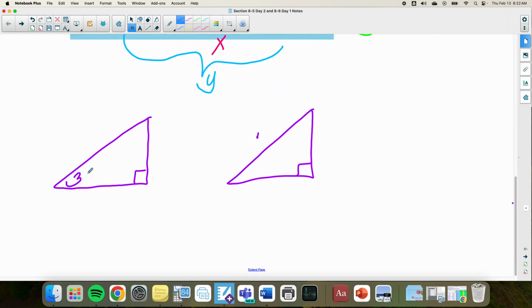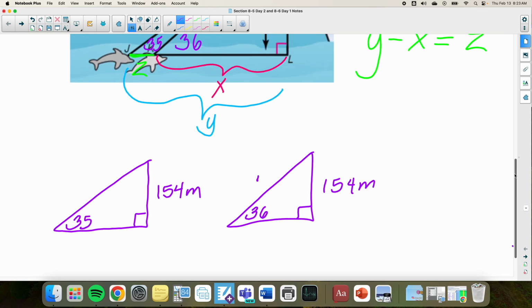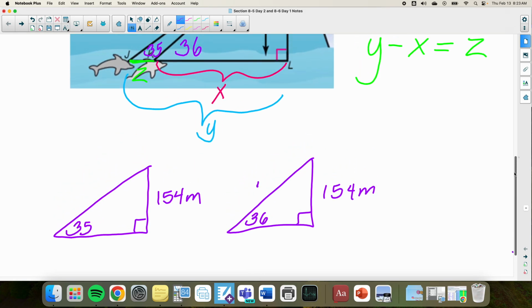So I'm gonna say this is 35, this is 36, this was 154 meters, this is 154 meters, and which one you call X and which one you call Y down below doesn't really matter. It's just at the end, you're always gonna take the bigger one and subtract the smaller one. But the way I labeled it up here is I called this X and I called this one Y, okay?